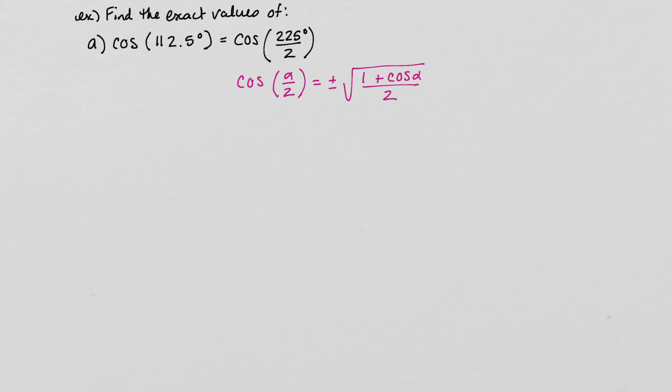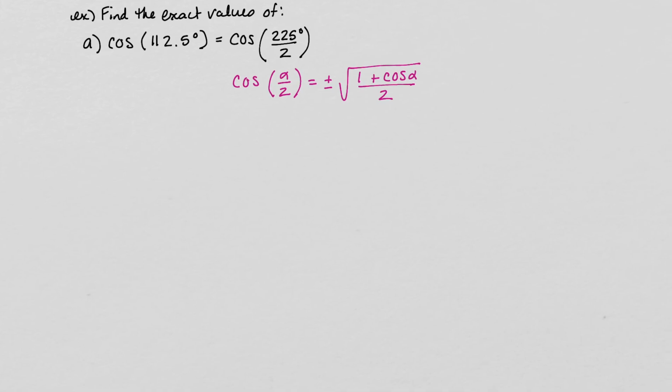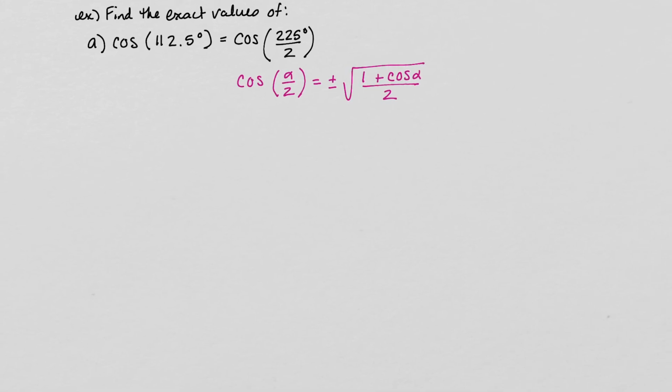So I pulled the formula off my sheet, but I have to decide whether I need to use the positive case or the negative case. The thing people get confused about on these problems the most is which angle to worry about for the quadrant. It's always going to be your original angle.